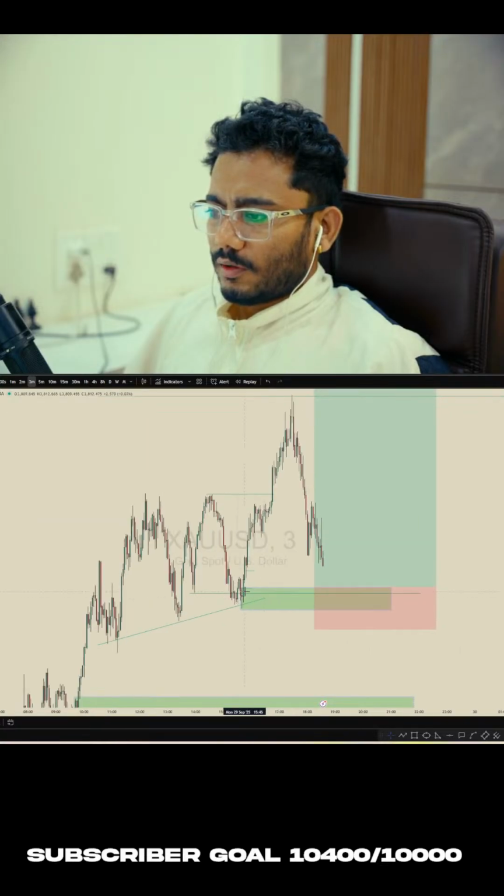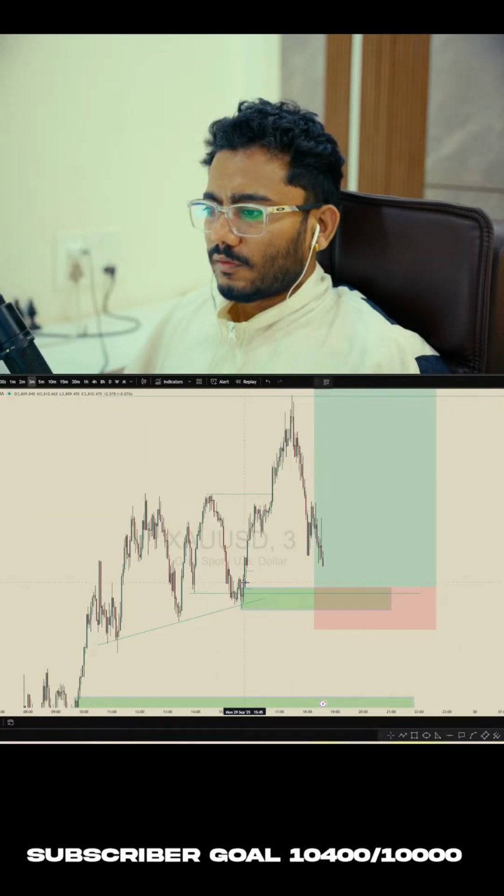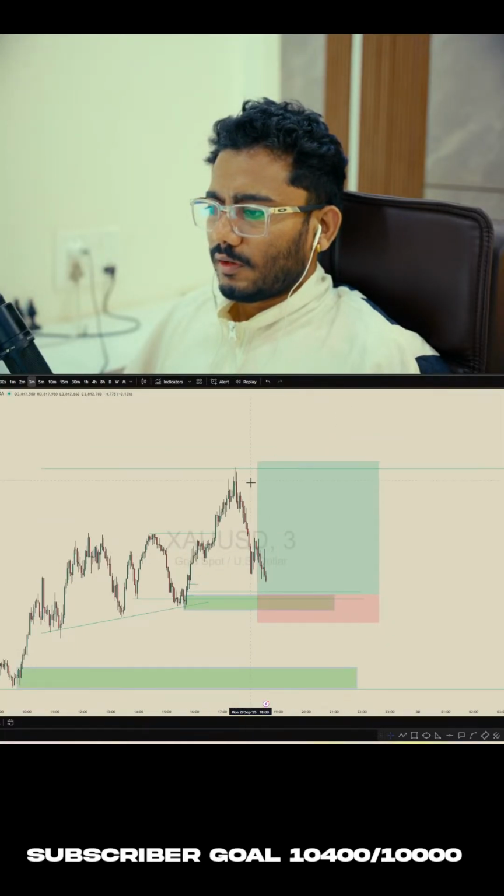There's this imbalance, so I think price will fulfill this imbalance over here, and then we could see a reaction.